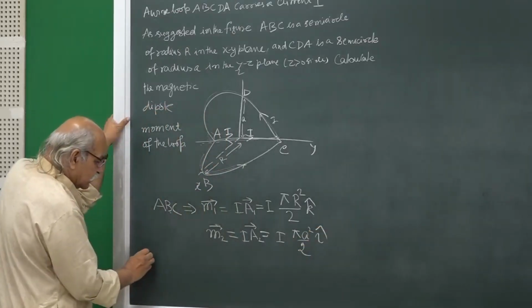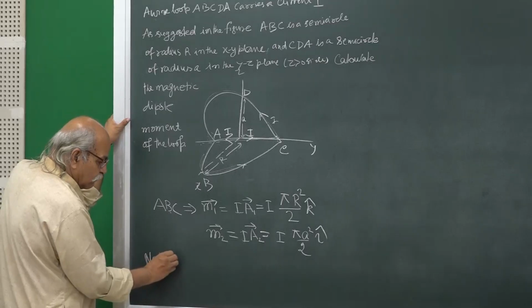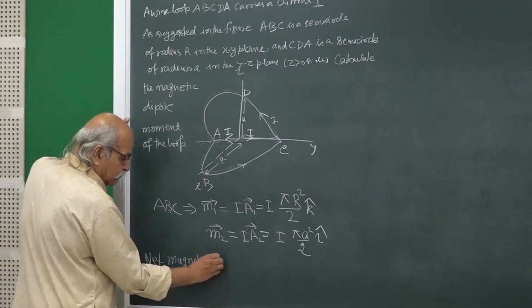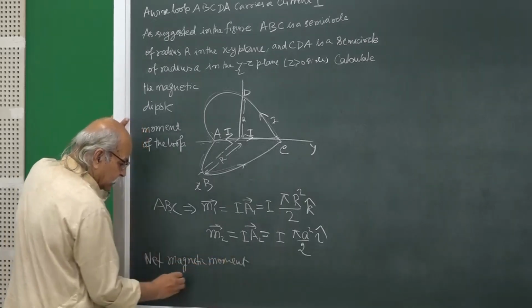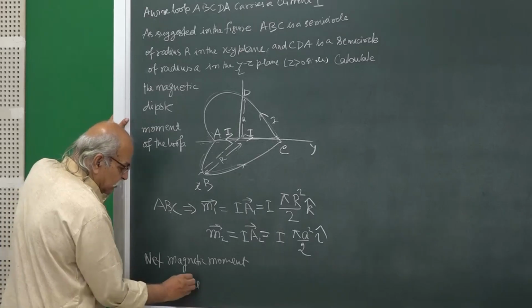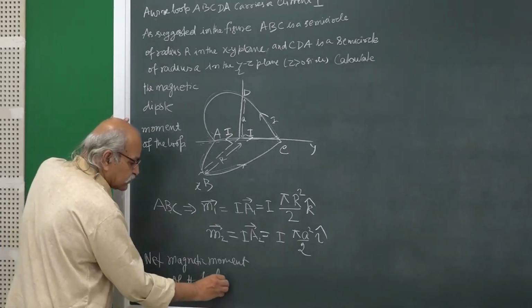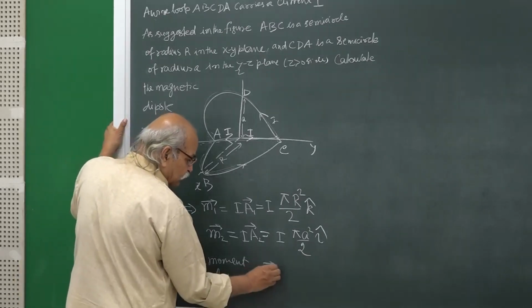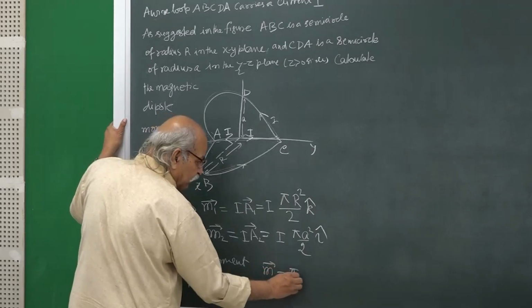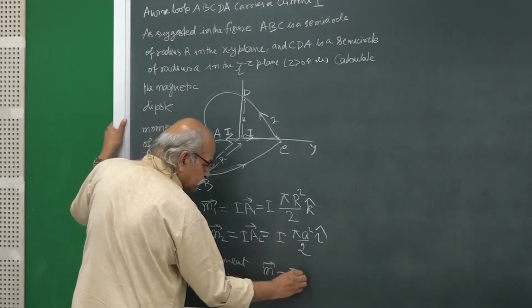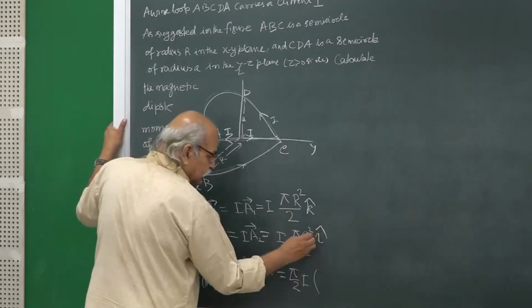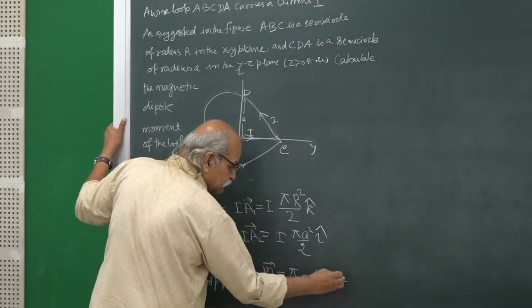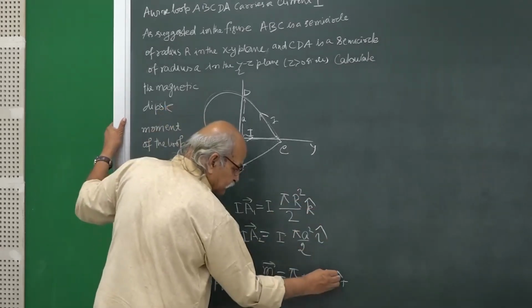The net magnetic moment of this loop is just the sum of these: m is equal to I pi by 2 times a squared I cap plus R squared k cap.